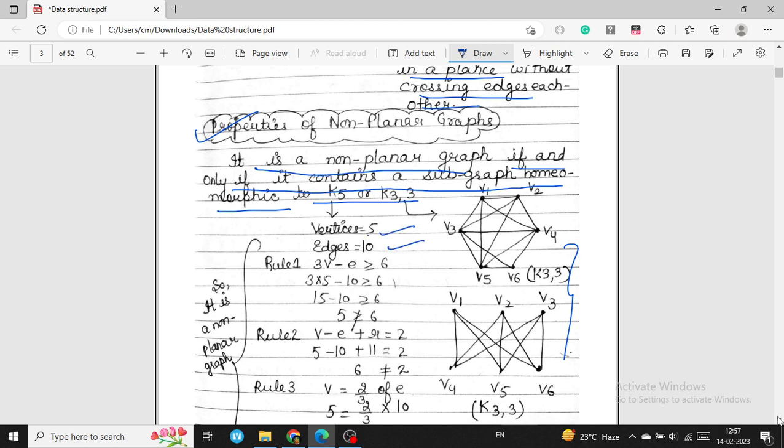Vertices are 5, edges 10. First rule, 3v minus e is greater than or equal to 6. You can see 5 is less than 6, that's why it does not follow this rule. V minus e plus r is equal to 2: 5 minus 10 plus 11 equals 6, not equal to 2. So it does not satisfy this rule.